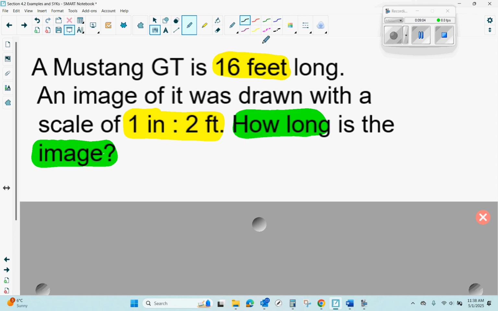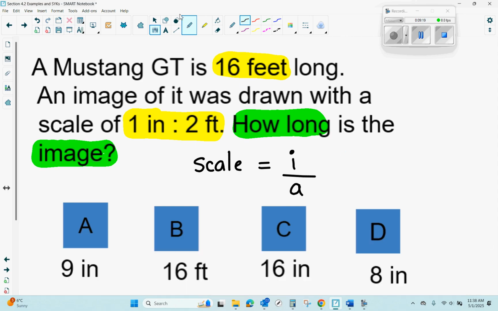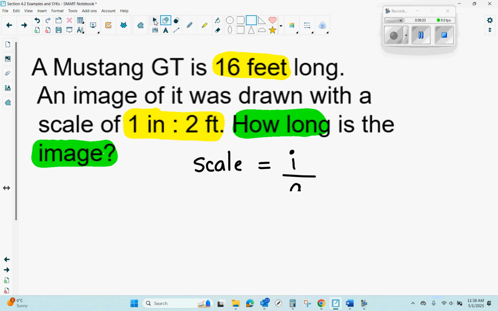All right, so we need our formula. Scale equals image divided by actual. They're going to tell me 2 pieces of this, and we're going to solve for the third. Okay, so scale. Did they tell me the scale?